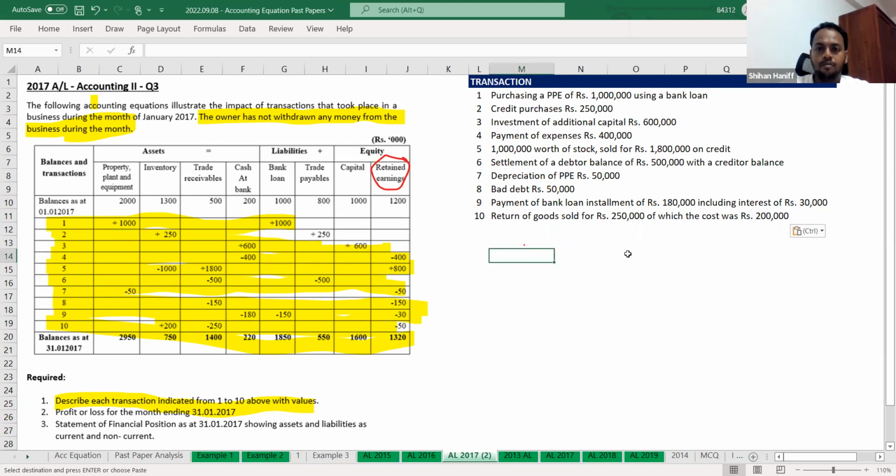Yes, return inwards. Return inwards. Yes, sales return. Correct.